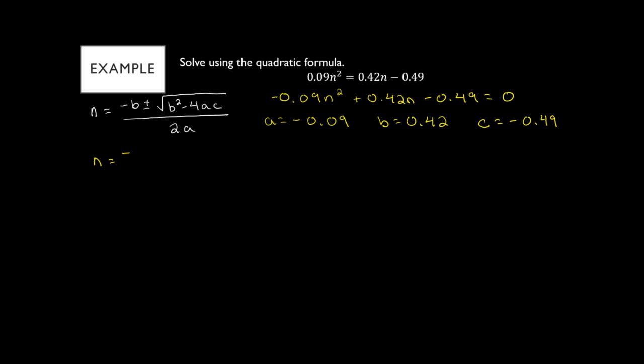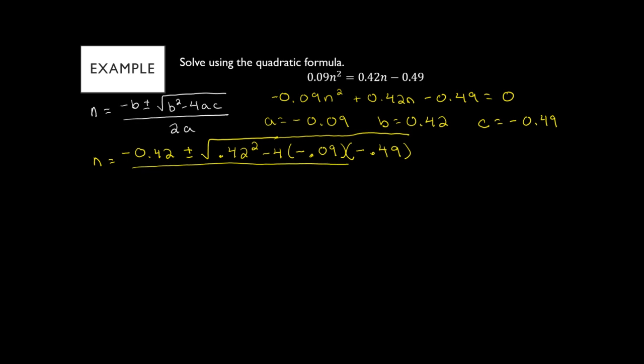n equals negative, and then I'm plugging in my numbers. So b is actually positive. I don't need those parentheses. Negative 0.42 plus or minus. I'm going to just skip writing that 0 before the decimal point because it's assumed that it's there. So I'm going to just use 0.42 squared for that b squared, minus 4 times a, so that's a negative 0.09, times c, which is a negative 0.49.